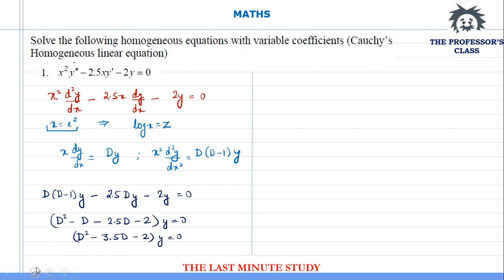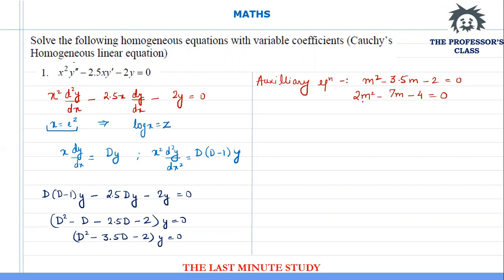From here, I'll obtain my auxiliary equation, and my auxiliary equation becomes m square minus 3.5 times m minus 2 is equal to 0. Since there is a decimal point over here, I'll simplify it by multiplying the entire equation by 2 so that I get 2m square minus 7m minus 4 is equal to 0.